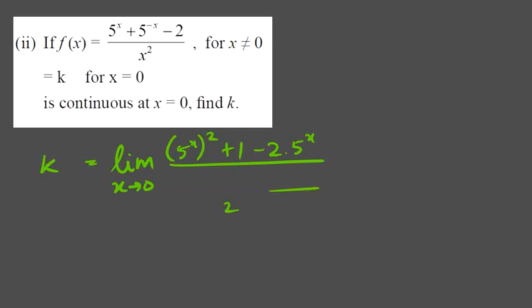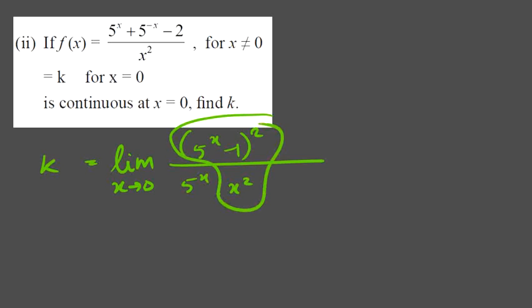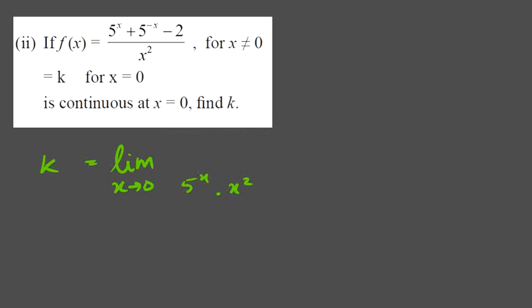We can write that 5 power x and x square together in the denominator, and the numerator is the expansion of 5 power x minus 1 the whole square. So a square upon b square, we can write as a upon b the whole square. So we will write it as 5 power x minus 1 upon x, the whole square.